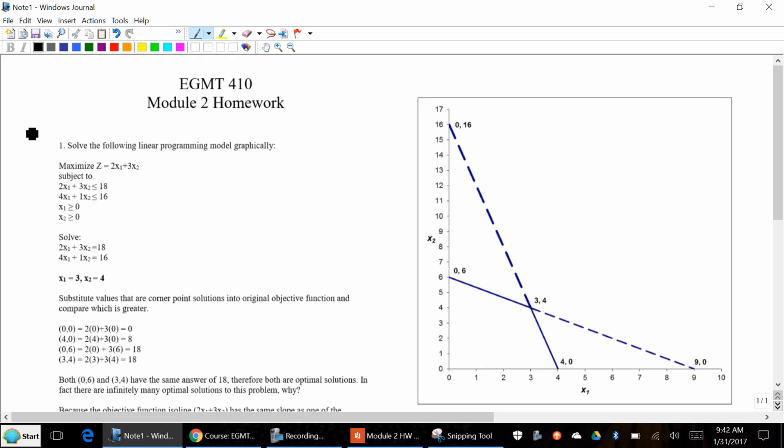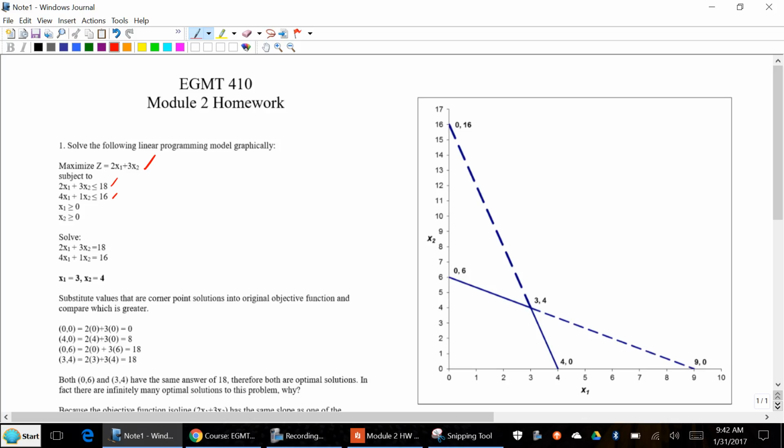Okay, so basically we want to solve this maximization problem. It's a linear programming model. The way we know it's linear programming is if you look at all the exponents in the objective function or in any of the constraints, you see that there's no exponent greater than 1.